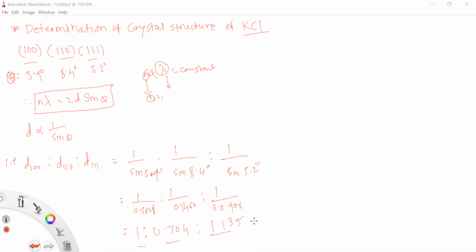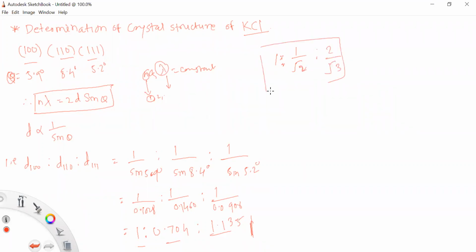This is similar to the standard values for FCC, and it matches them. The standard values come from 1 : 1/root 2 : 2/root 3.